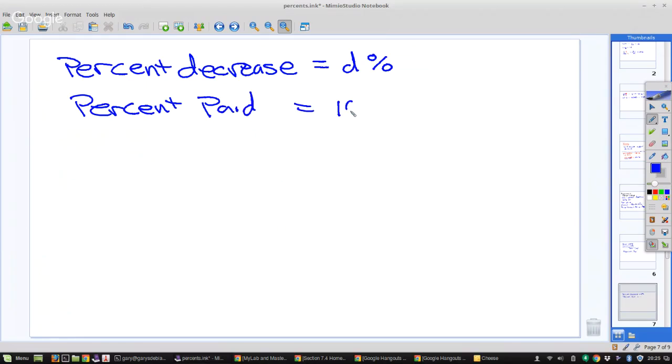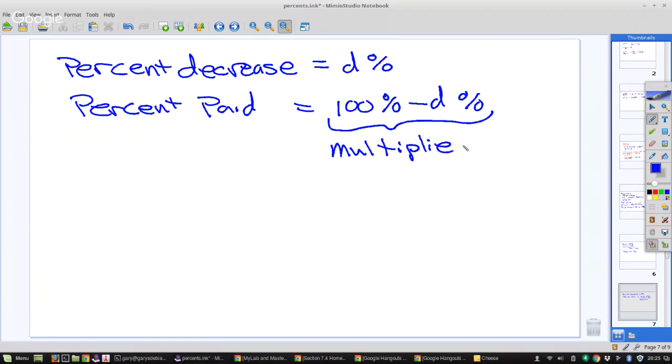And that's always going to be 100% minus D%. And this can be directly multiplied by the cost to get the end amount. And so whenever you work with respect to 100%, a percent increase or decrease, what you get is what's called a multiplier. And that multiplier can be very handy.